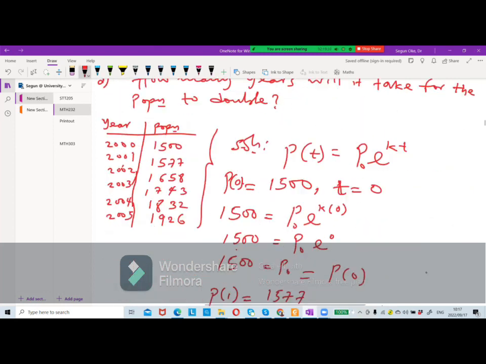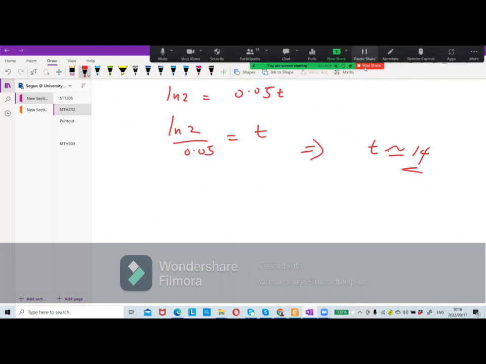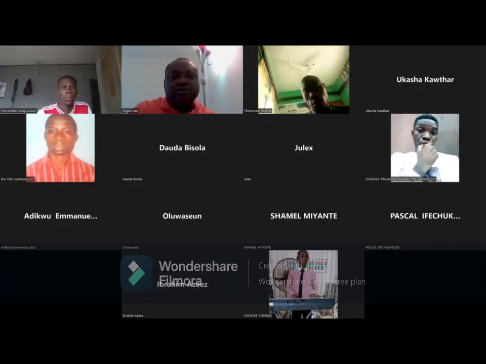If you change it to 10, approximately you have this. So these are the things that you should worry about and try to work on. At the end of the day, by the time you work on that, it will help you.